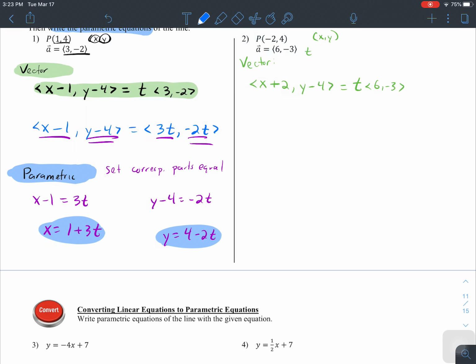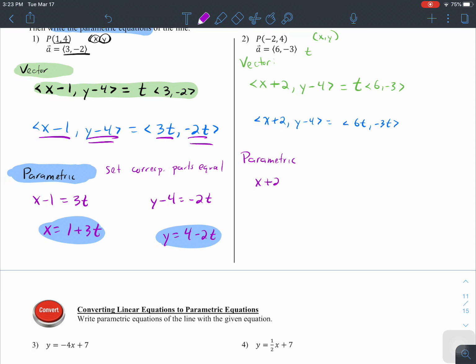I'm going to create my parametric equation by first distributing the t on the right hand side. So 6t comma -3t. And then I'm going to set my corresponding parts equal to each other. And that's going to create my parametric.